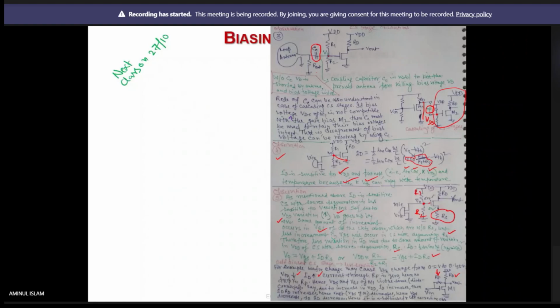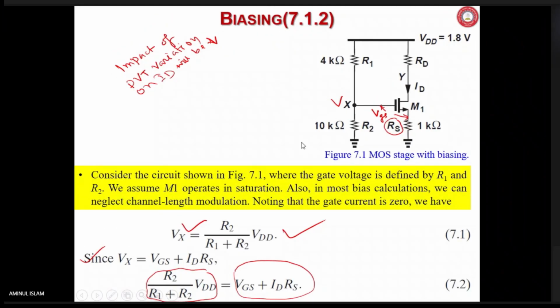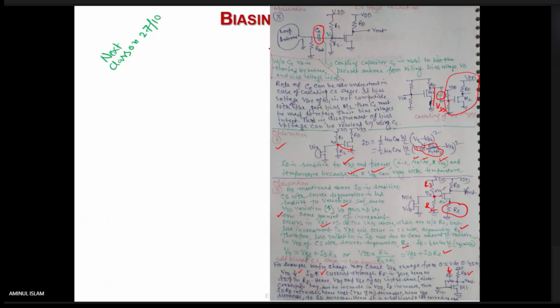Now, more observations we are going to do on this. So another observation here is, say, antenna.